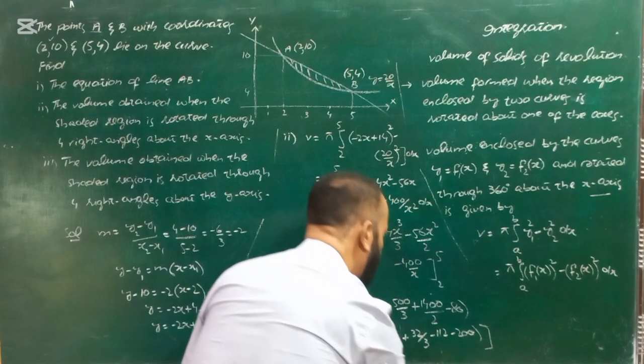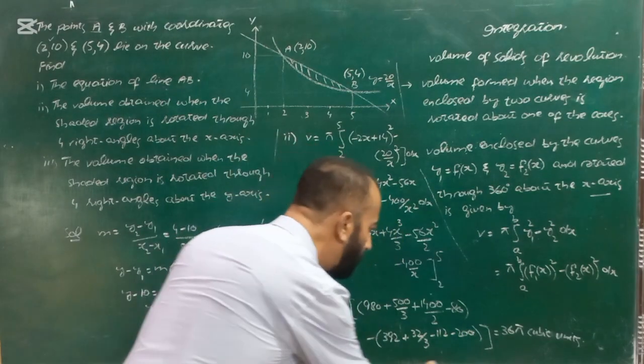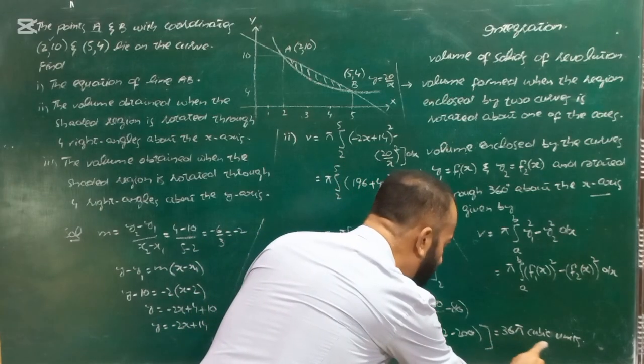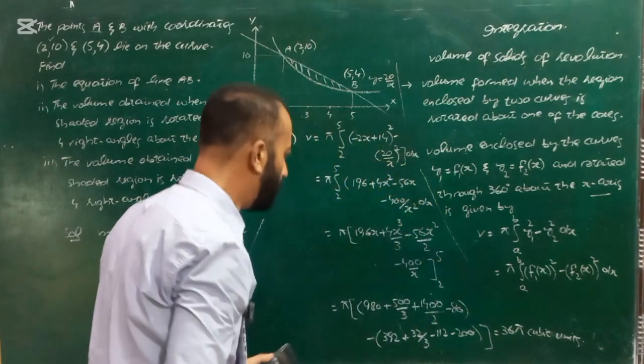So limits applied. So from here 36 pi cubic unit is the answer.